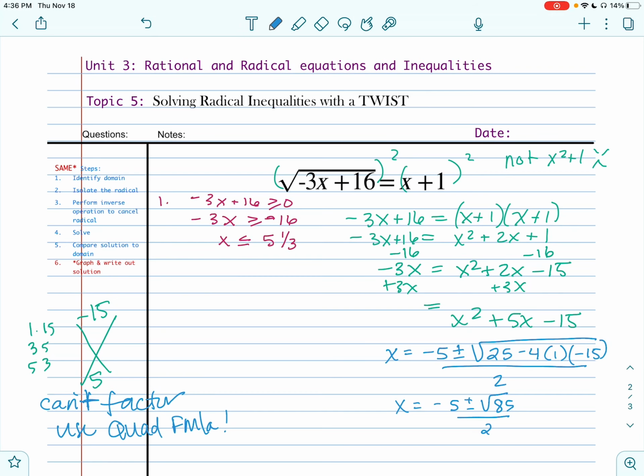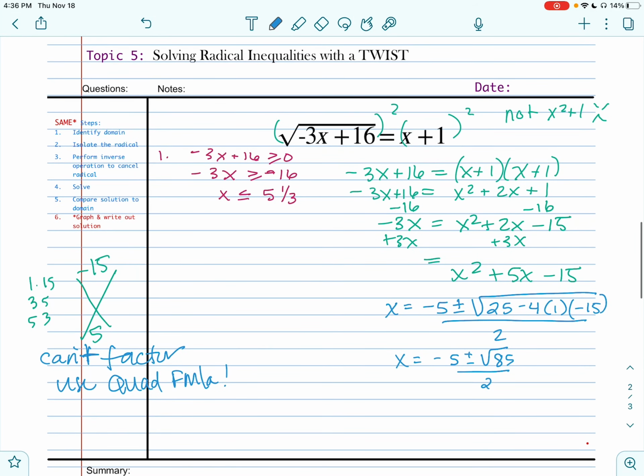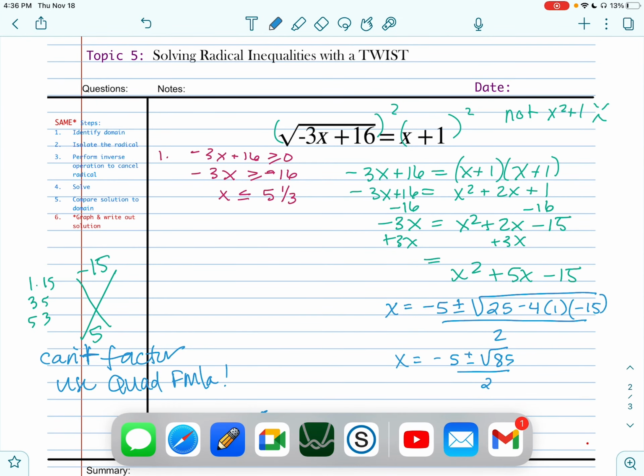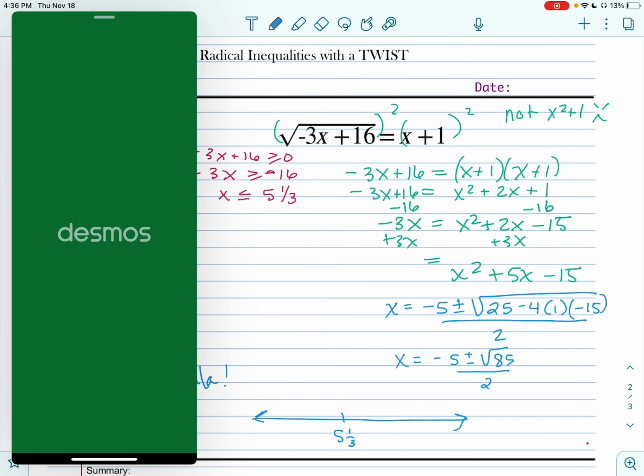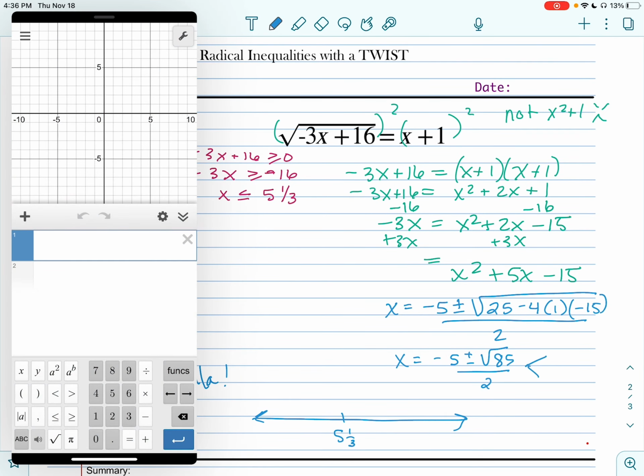But I'm going to get a little bit of a decimal approximation here because I am worried that when I put these on my number line, like 5 and 1/3 here is 5.3, that I get something that maybe doesn't work. Oops, I want to find my Desmos here. Okay, because that'll be an easy way to determine. So what are these as decimals? I'm going to get two answers.